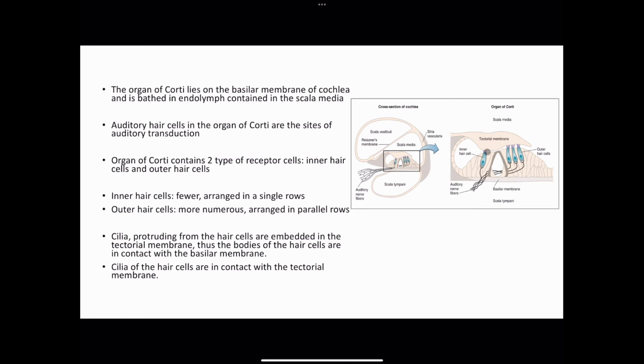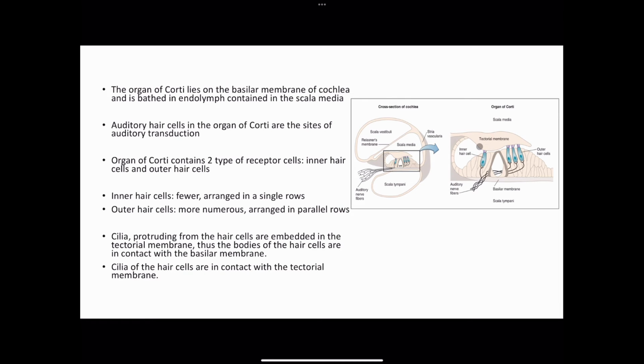The organ of Corti contains two types of receptor cells: inner hair cells and outer hair cells. Inner hair cells are fewer, arranged in a single row, while outer hair cells are more numerous and arranged in parallel rows. Cilia protruding from the hair cells are embedded in the tectorial membrane.